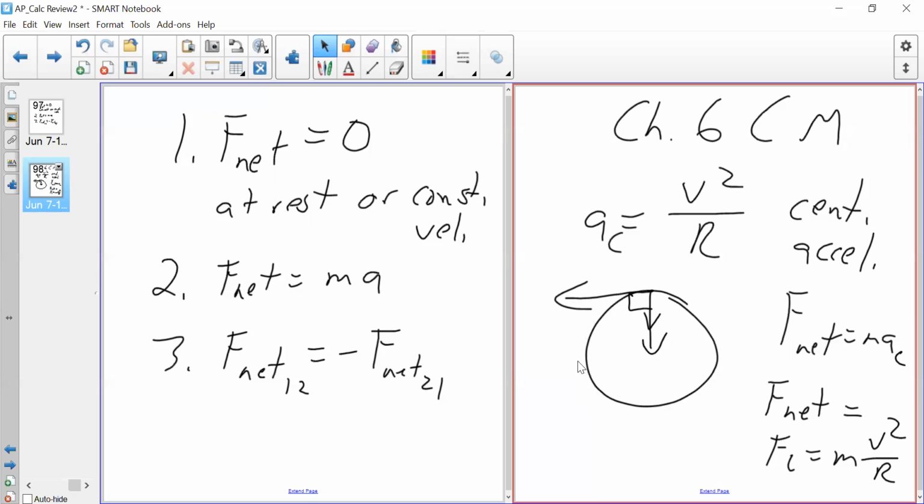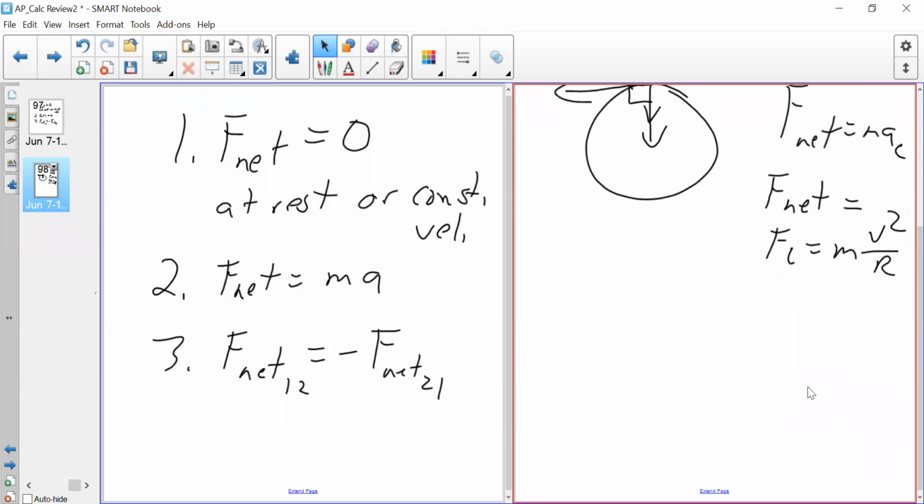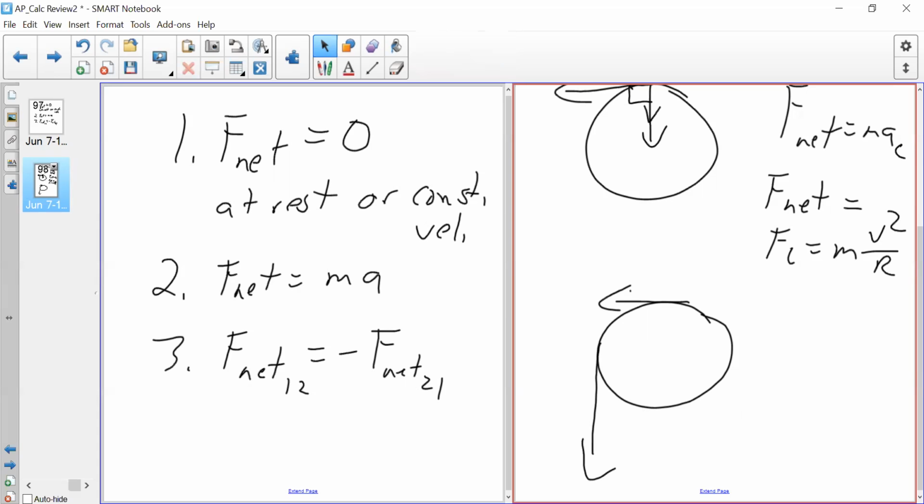And then this vector grows, gets longer and longer. In that situation, we have a total acceleration that's going to be at some arbitrary angle. In this case, the acceleration is all centripetal, but if we have an outside force causing this vector to enlarge, you get the idea.